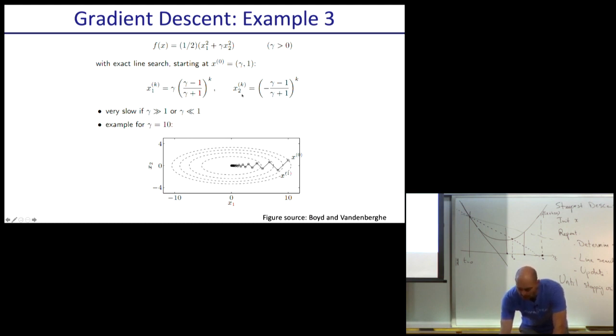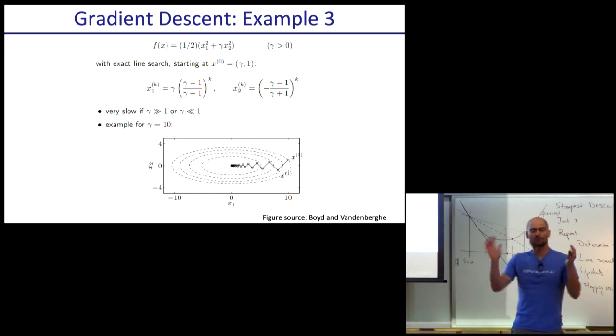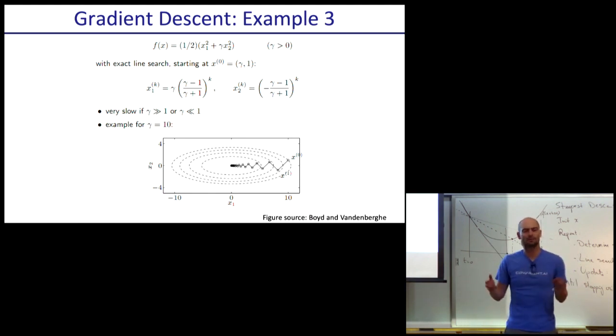Now, if you look at this, it needs to go to 0. If gamma is very large, then this ratio will be roughly 1, and this ratio will be roughly -1. And so what you'll get is 1 to some power, -1 to some power. It just doesn't really go anywhere anytime soon.